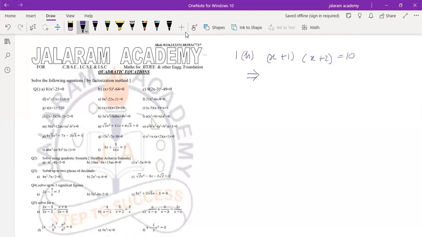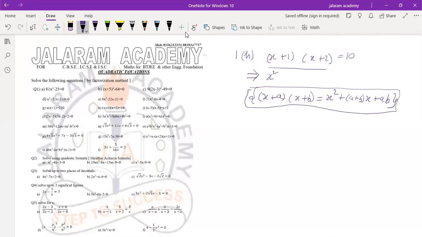It implies when we expand the bracket, and to expand the bracket, use the formula (x plus a) into (x plus b) equals to x square plus (a plus b)x plus ab. Okay, it will save some steps.